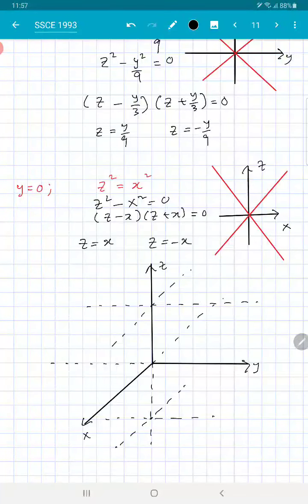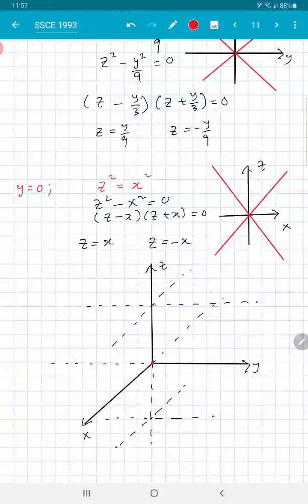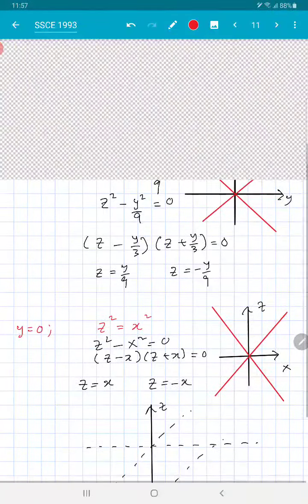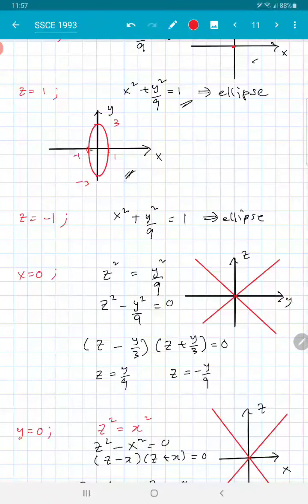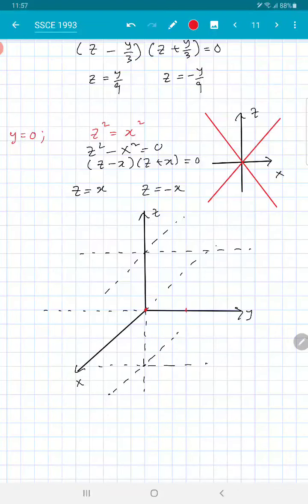Okay, so first of all, when z is 0 we have a point. When z is 1, we get an ellipse that is longer parallel to the y-axis, this one. Okay, so let's say this is 3 and this is 3. We have to draw it here, so it goes through this point, and let's say that's a 1 and this is also a 1, so we have an ellipse here, and we have the same size ellipse on z equals -1.